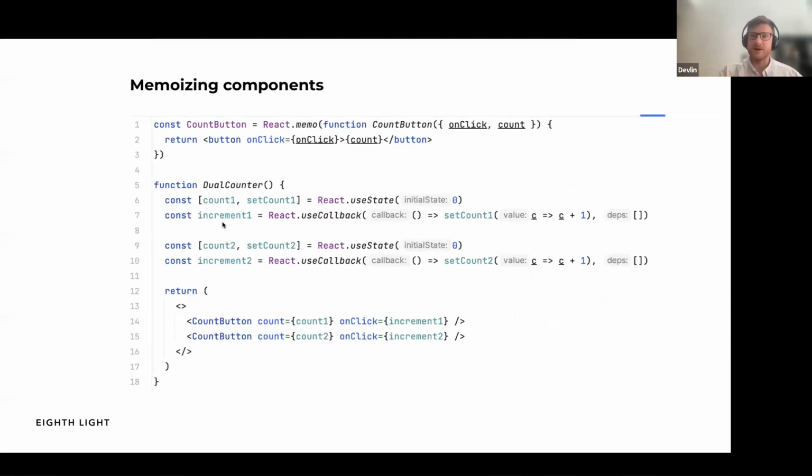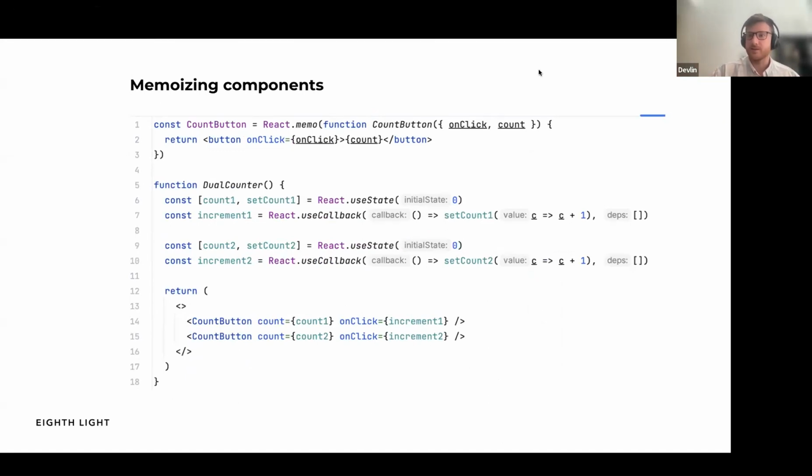Their references are now new, which means that even for CountButton 2, it thinks that its onClick function prop that it's been passed has changed because the new reference is different to the old reference. So in order to avoid that, we now have to wrap both of the functions in our memoization technique, useCallback. So now whenever DualCounter re-renders, they're going to remain as the same reference.